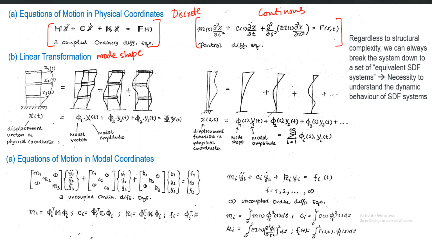This x of t vector, which contains all the story displacements in physical coordinates, is approximately written as the phi matrix, the mode shape matrix, times y of t, which in this case are the modal coordinates.